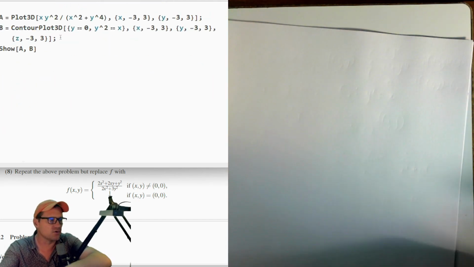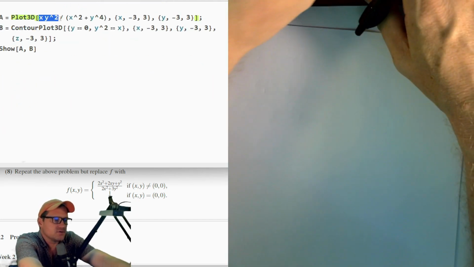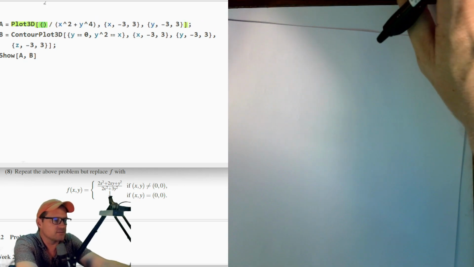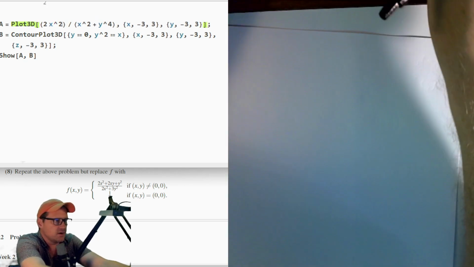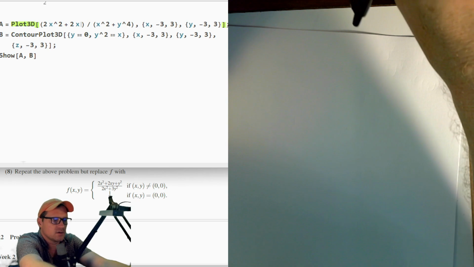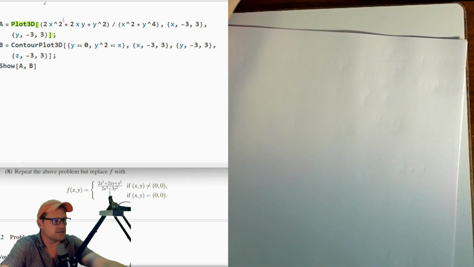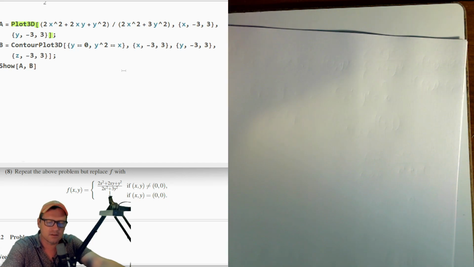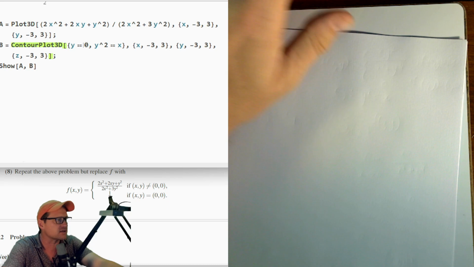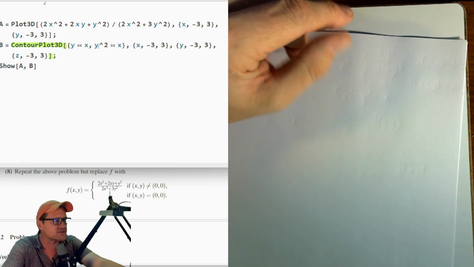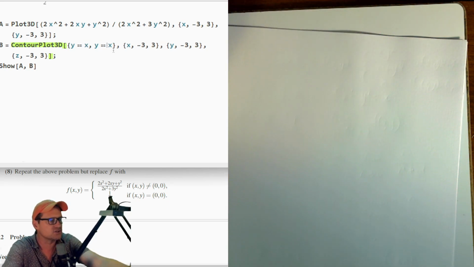In the numerator we have a sum, so I'll put a bracket around that numerator: 2x squared plus 2xy plus y squared. And in the denominator we have 2x squared plus 3y squared. This time, let's choose the path C1 as y equals x, and the path C2 as y equals 2x.